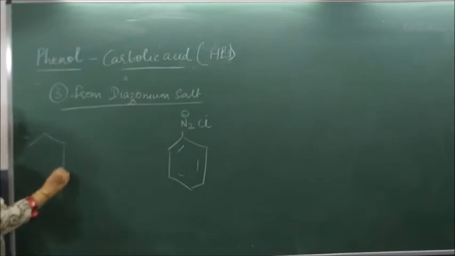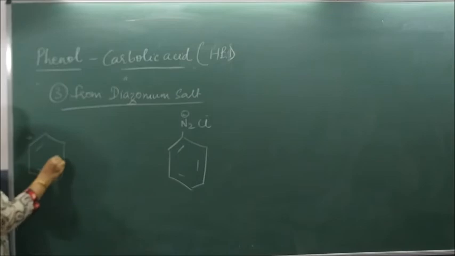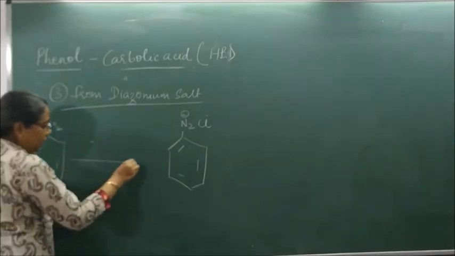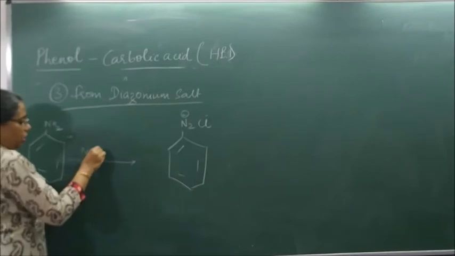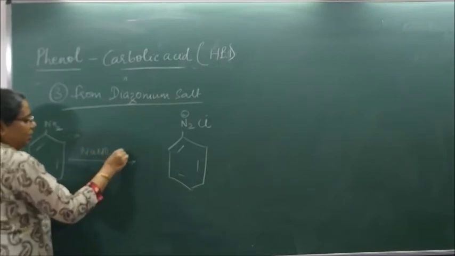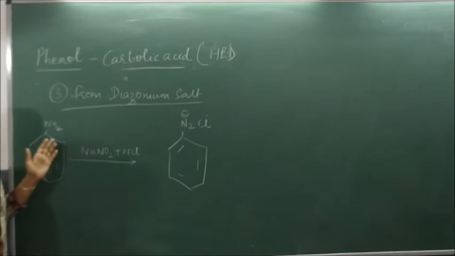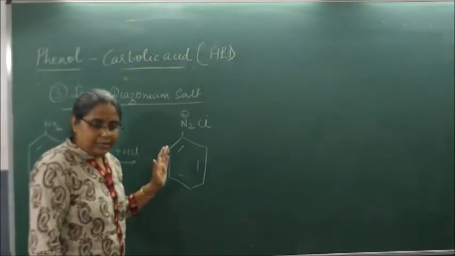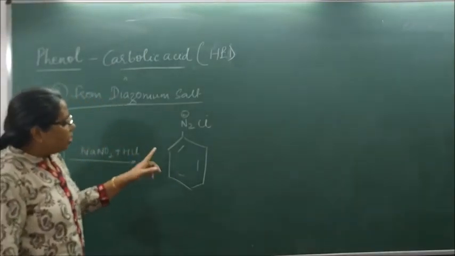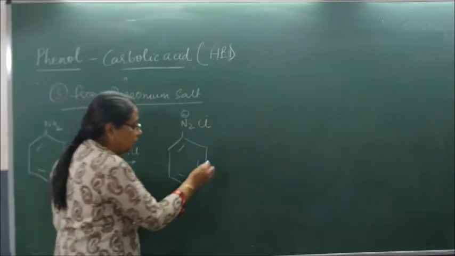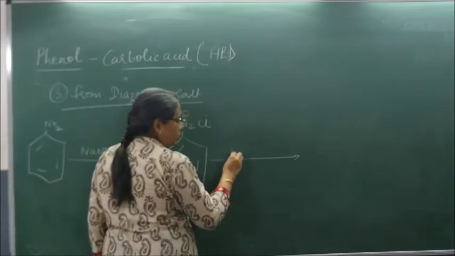We took aniline, isn't it? We took aniline and we reacted it with NaNO2 and HCl. This is called HNO2. What was the temperature? 0 to 5 degrees centigrade. When I react aniline with NaNO2 and HCl, I will get benzene diazonium chloride.